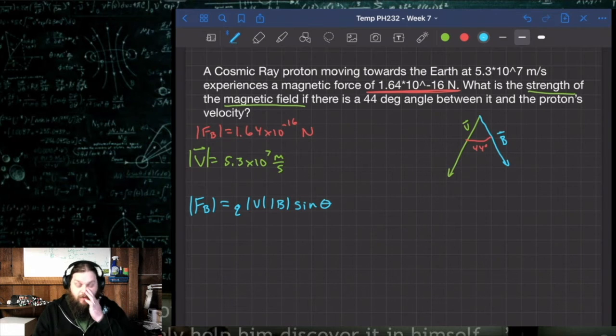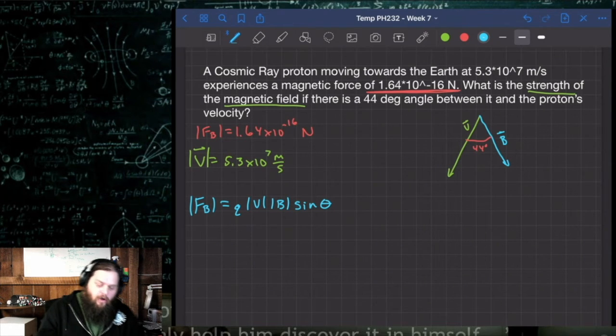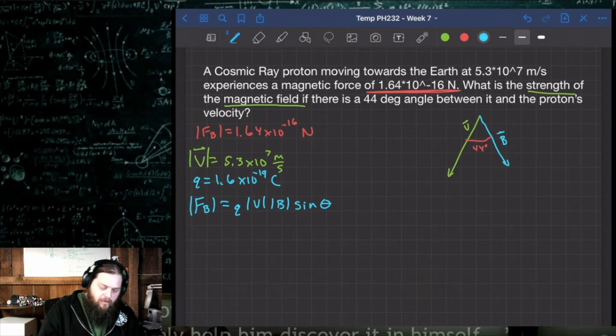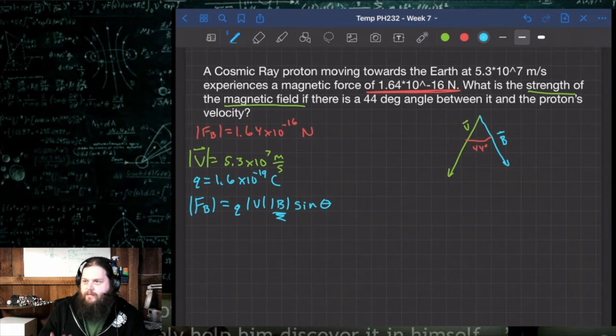That was the equation we had. We know that the charge of a proton, Q, is going to equal 1.6 times 10 to the negative 19 coulombs, and sine of 44 degrees is the last thing we need. So we can plug everything in here now, where first we should solve for the magnetic field. That's what we're really looking for.